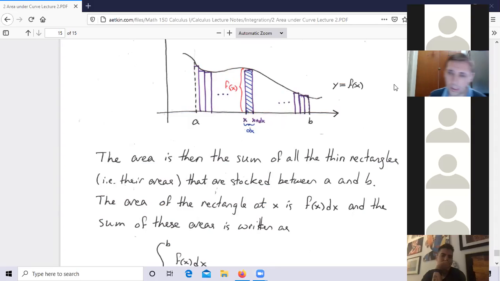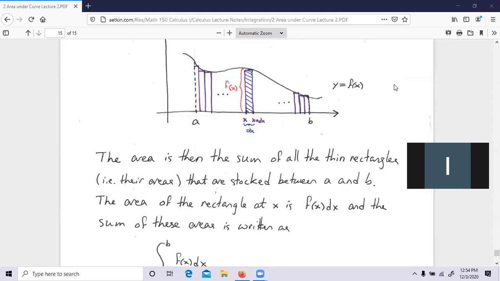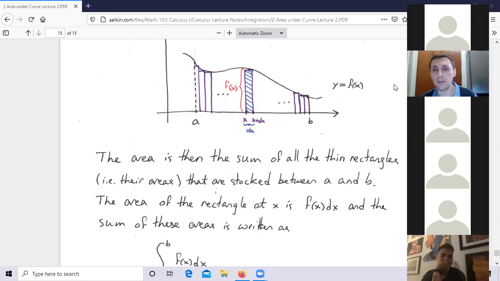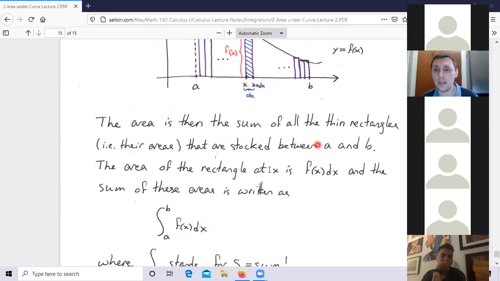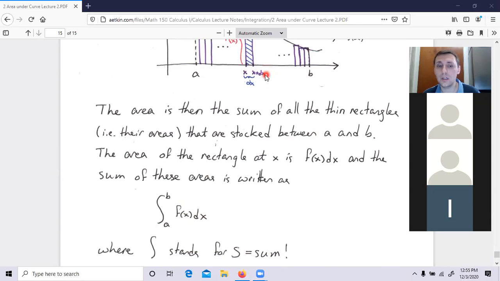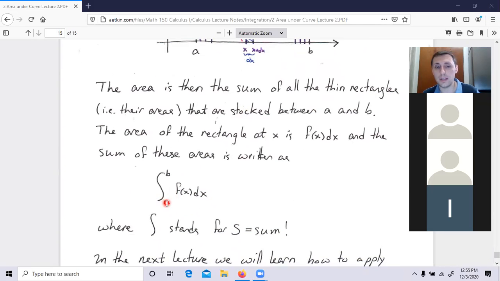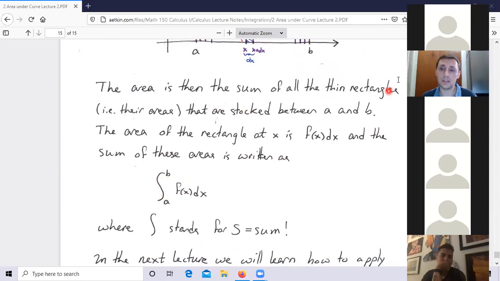So the idea will be to stack underneath the curve many very thin rectangles with altitude f of x and width dx, and then add their areas together, and then you will have the area under the curve. And so the notation tells you to do what? To stack rectangles from the point a to b, then sum the areas of those rectangles. So this is the sum of the rectangles from a to b, and this is the area of those rectangles. Is it clear?